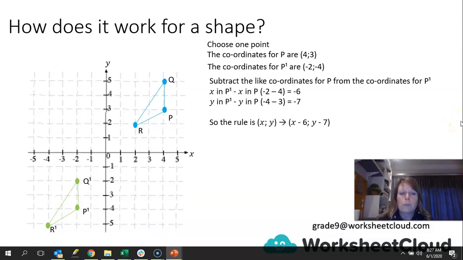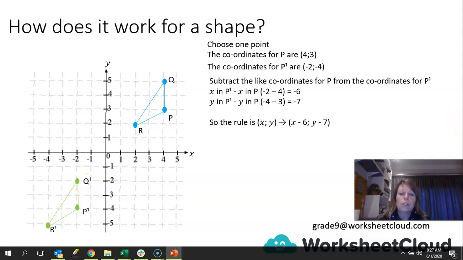It works for two of the points, and it will work for the third one. If you wanted to, you could check the third point. So let's check it. We're going to go Q minus 6: 1, 2, 3, 4, 5, 6. Q minus 7 on the y-axis: 1, 2, 3, 4, 5, 6, 7. So our rule is correct.